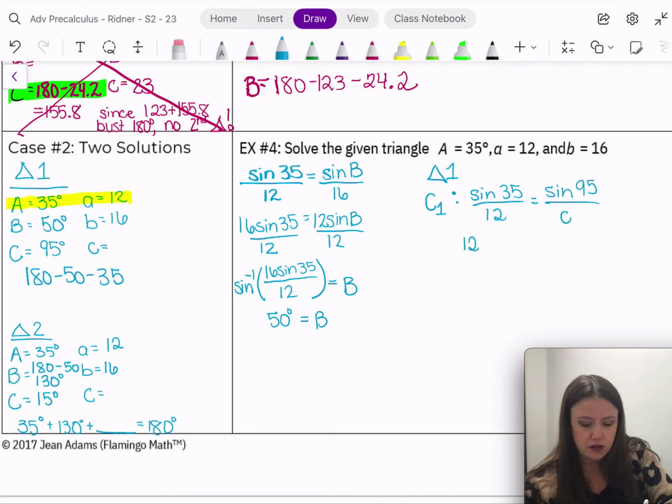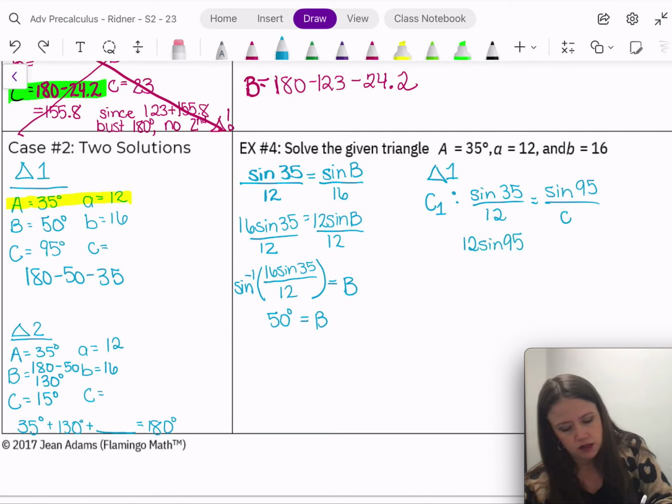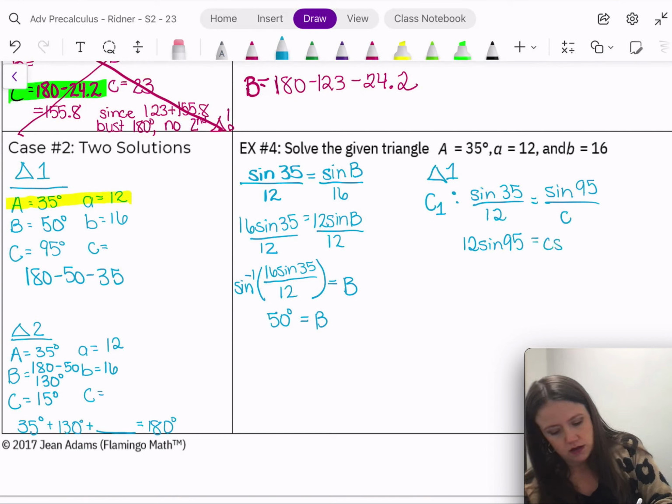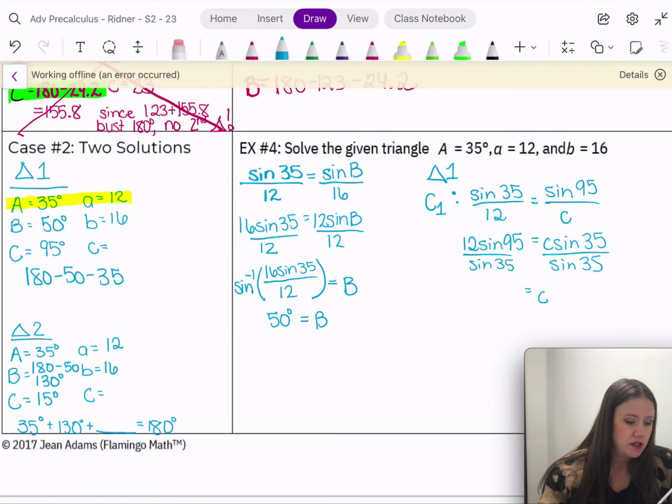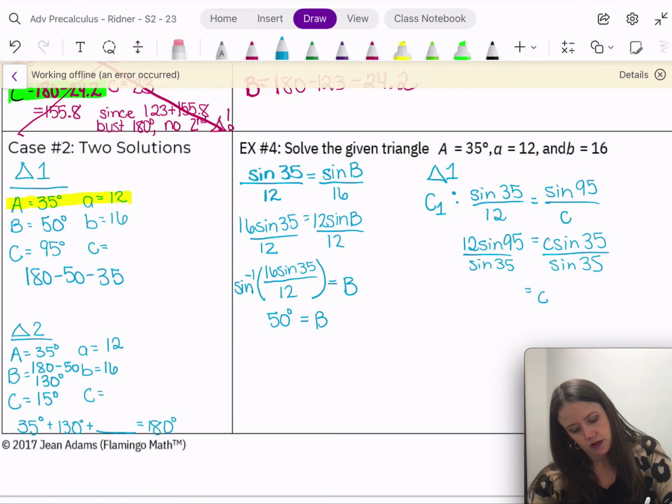I'm not going to talk all of those steps out because at this point I have done it repeatedly. And the calculator makes little c approximately 20.8.